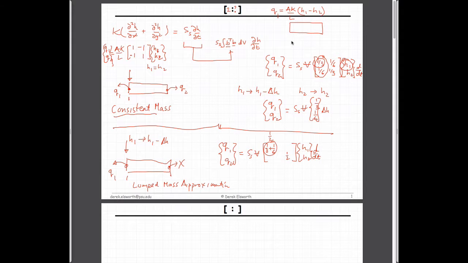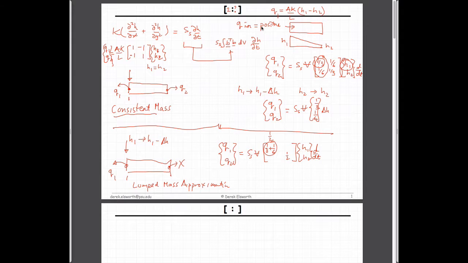If H1 is larger than H2, I'm just going to rationalize it. This is H1, this is H2. This would be positive, this is always positive, and this would give a positive Q, and so in must be positive. Yeah, just by rationale, it must be.